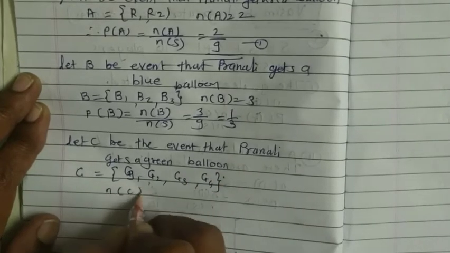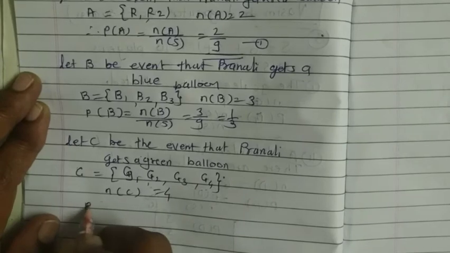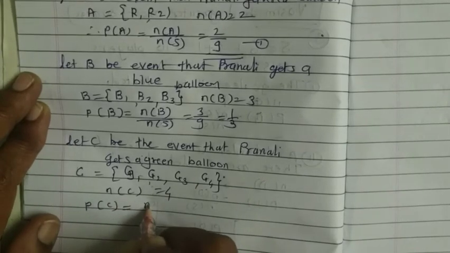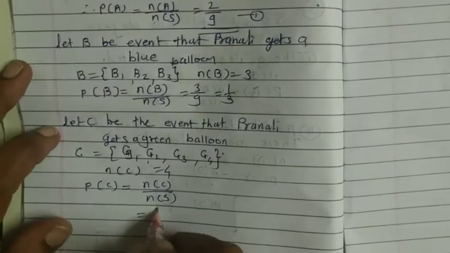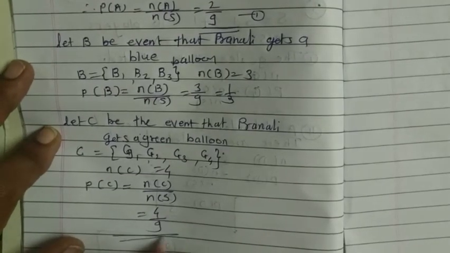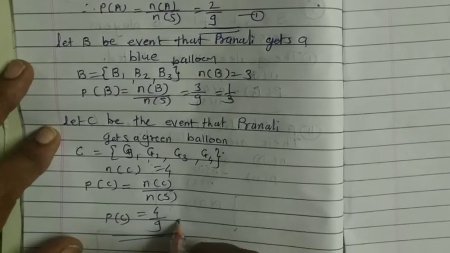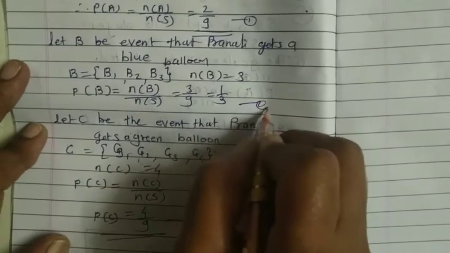Therefore, number of C is equal to 4. Probability of C is equal to number of C upon number of S, that's equal to 4 upon 9, and that is the third required answer. This is the second required answer.